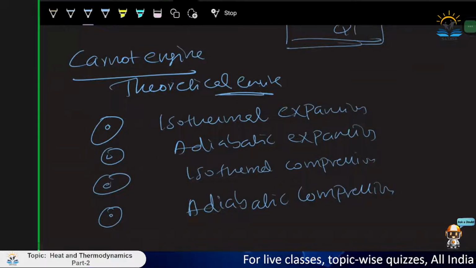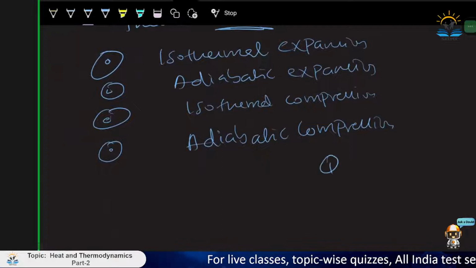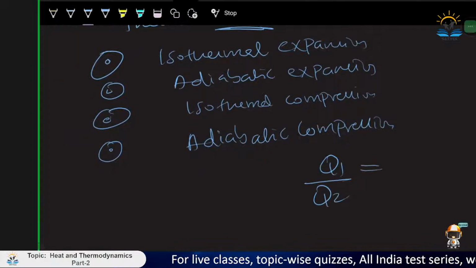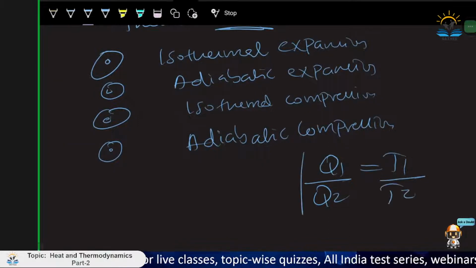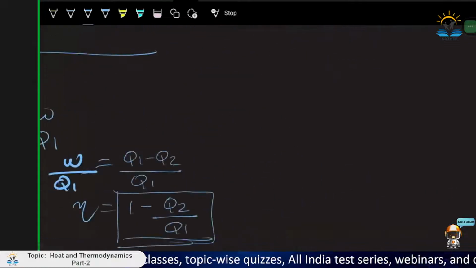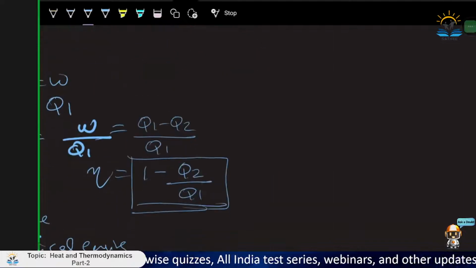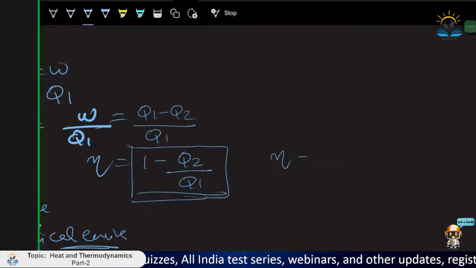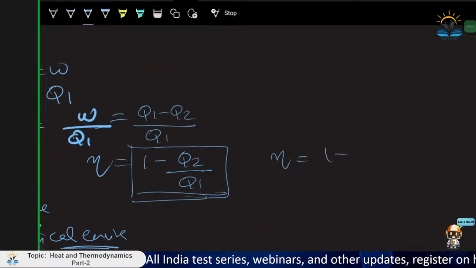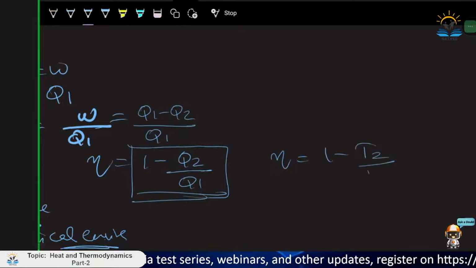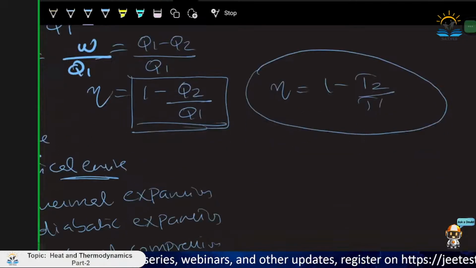In the Carnot engine, we can write Q1 by Q2 is equal to T1 by T2. So eta is equal to 1 minus T2 divided by T1.